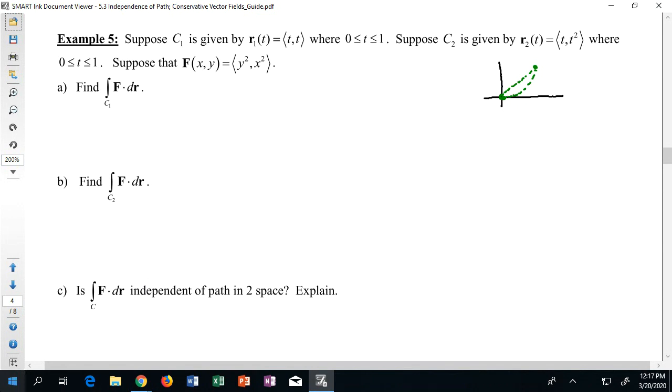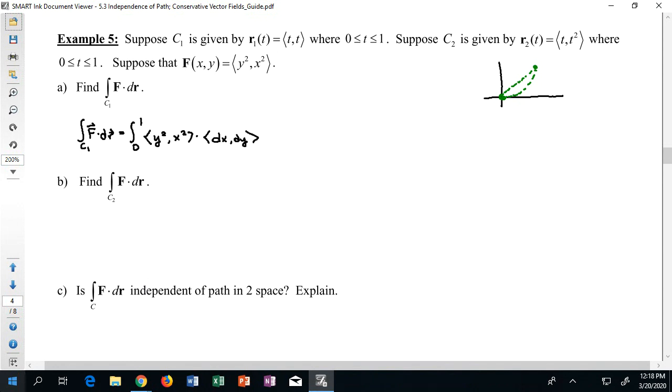Let's see. I know that when I integrate here, I can re-express this as an integral from 0 to 1, and I'm going to have an f dot dr. So that's a y squared, x squared, and dotted with my dr, which is my dx, dy.